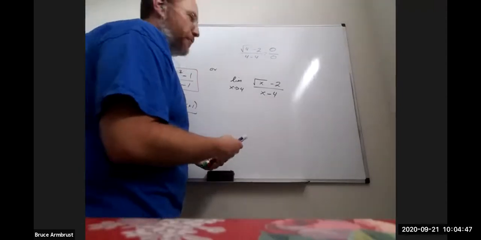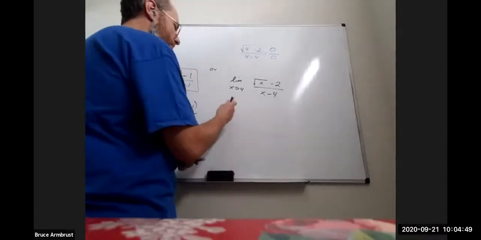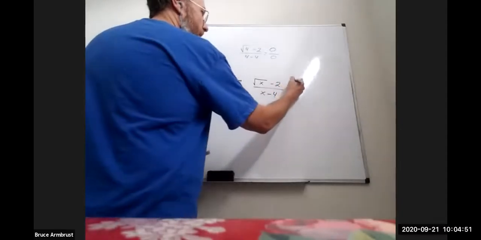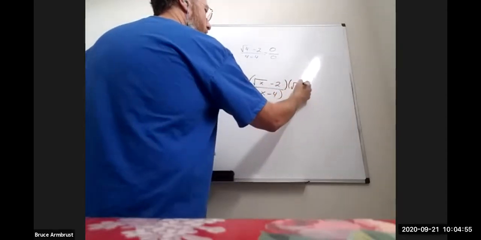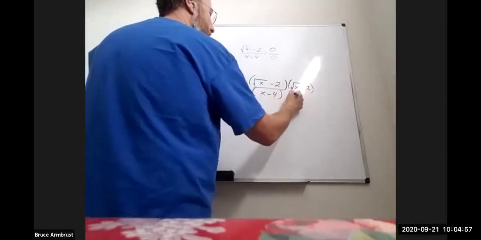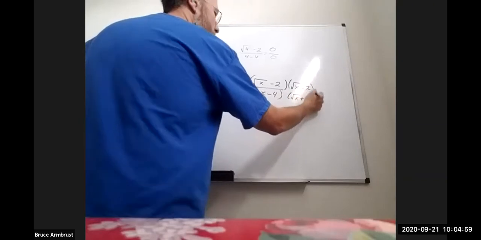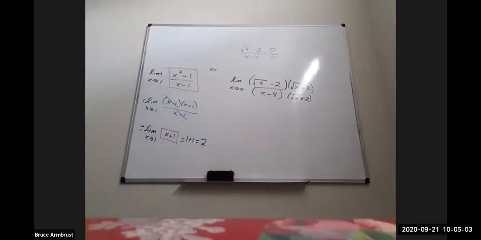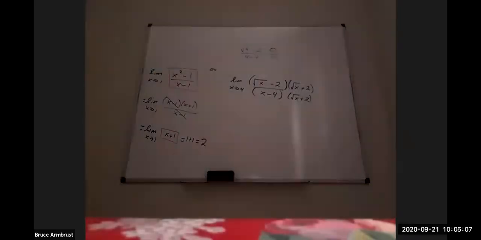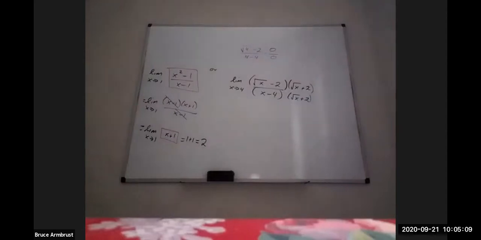We're going to multiply the top and bottom by the same thing, root x plus 2. So we're going to multiply by the square root of x plus 2.